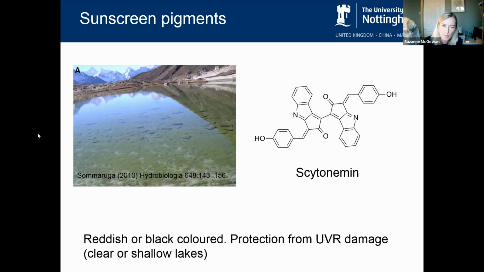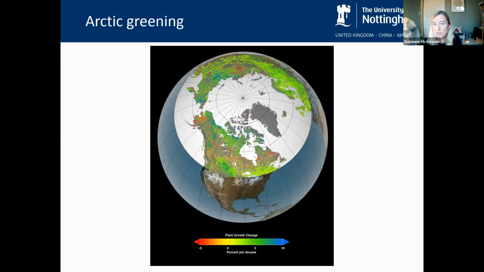These are benthic algae that are producing a lot of this pigment called scytonemin. It's essentially like a sunscreen, and it helps to protect those algae from UV damage. This is quite useful as it gives us a barometer of what's going on in terms of the underwater light climate, which again can be linked to these inputs of DOM and brownification.